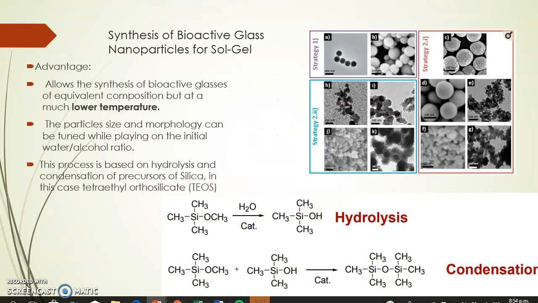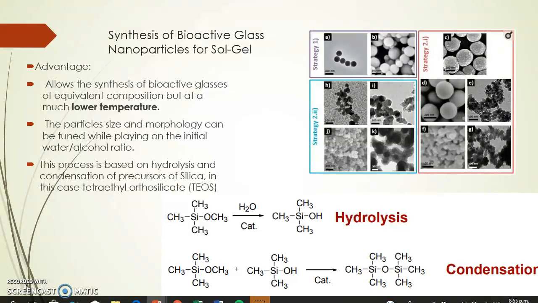Another way to obtain bioactive glass is the sol-gel method. This method is more used because it needs a temperature not as high as the other method. It is based on hydrolysis, which is the process of breaking, in this case, the bond between silicon and oxygen when water is added.